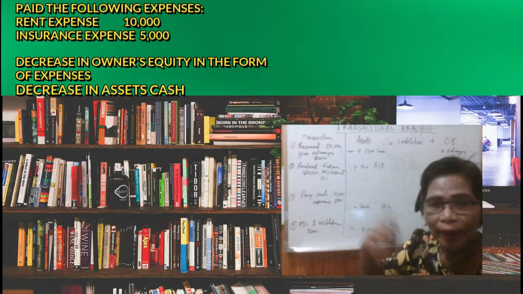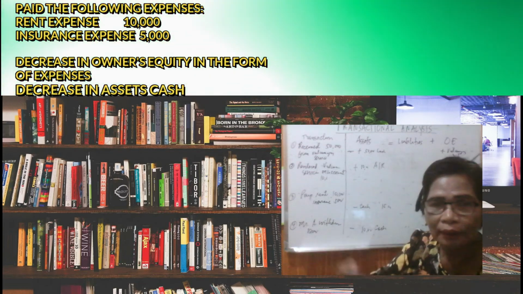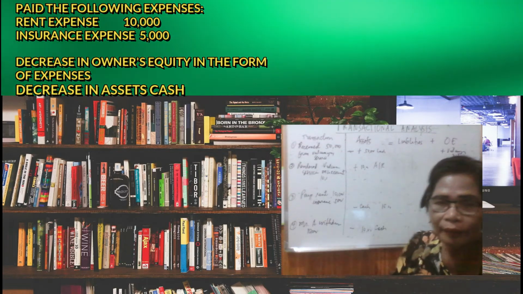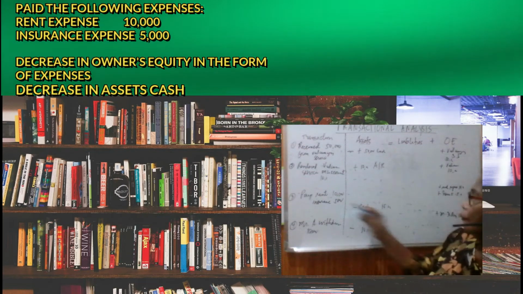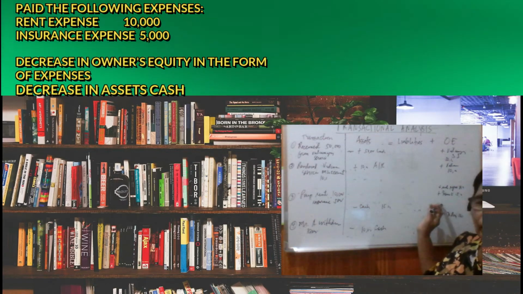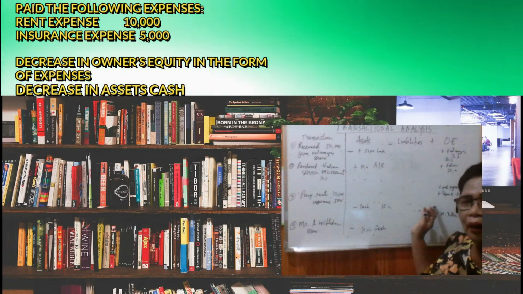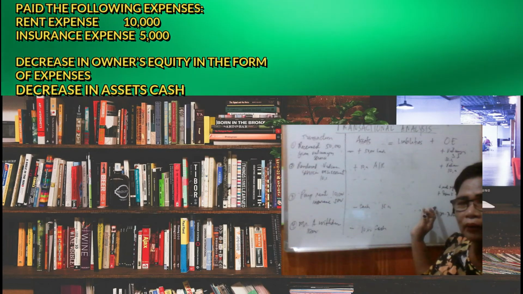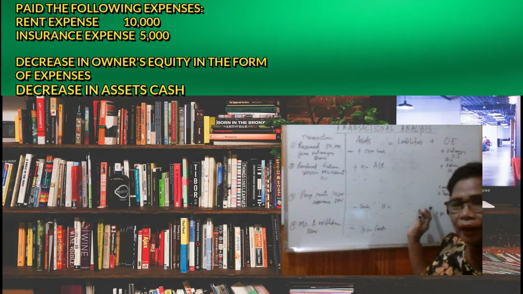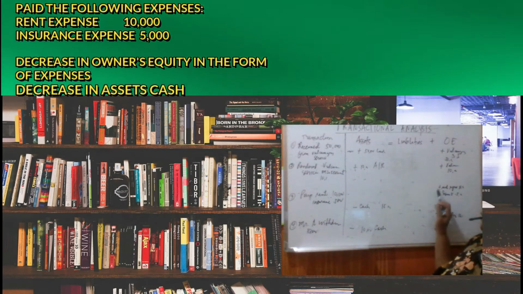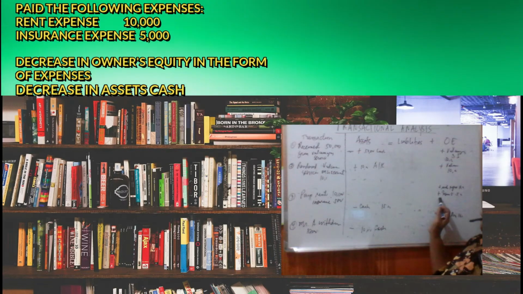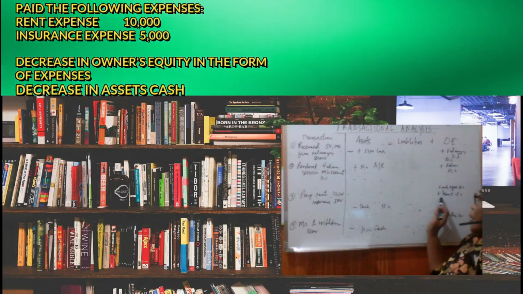As we have discussed in the previous slide or previous video, if there's an expense, it is on the debit side of the accounts or on the owner's equity. So there is an increase of the rent expense and there is an increase also of the insurance expense.